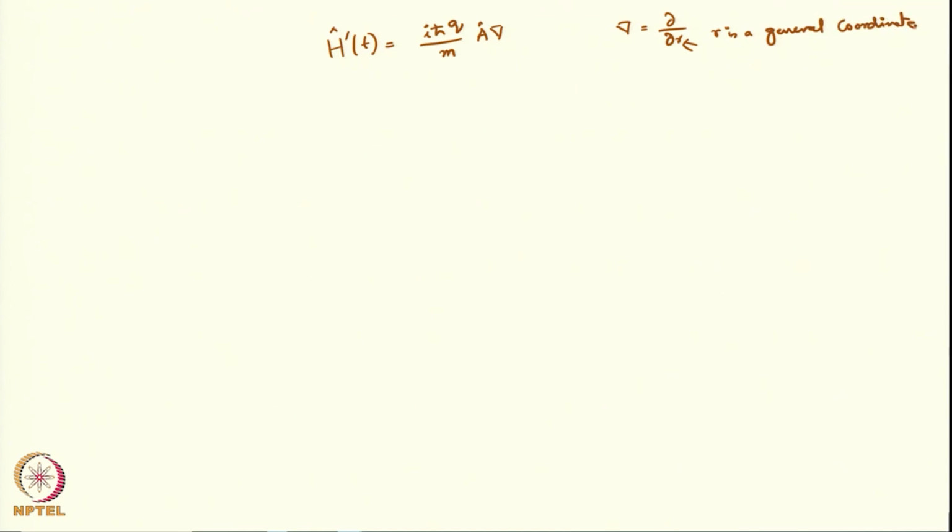Now, this we could transform to q E naught by omega m cos omega t, E dot p, because you should realize that minus i h bar del is equal to the operator p.